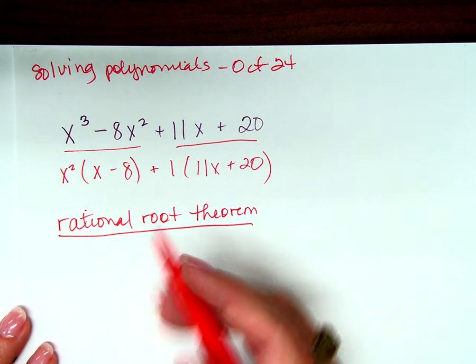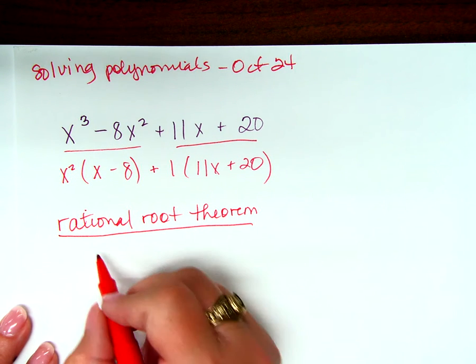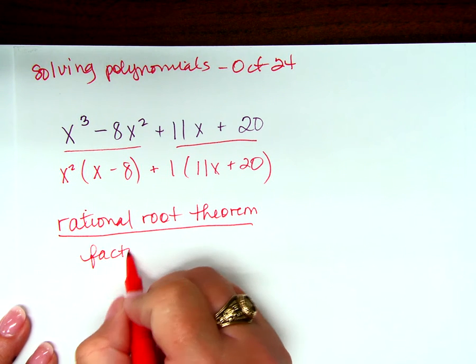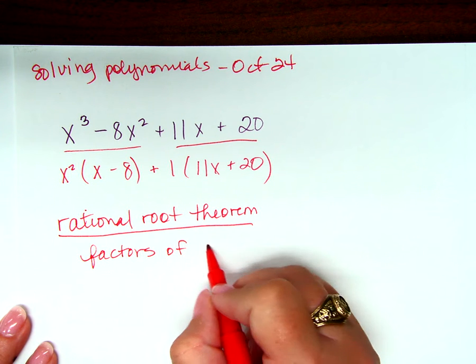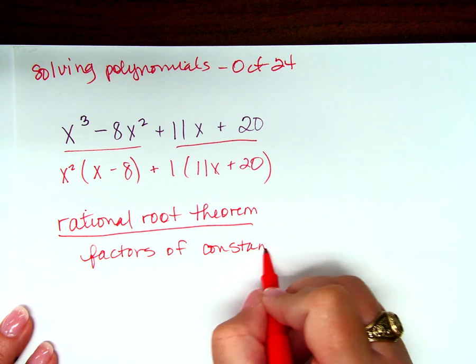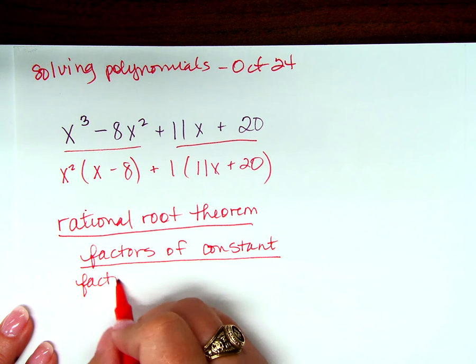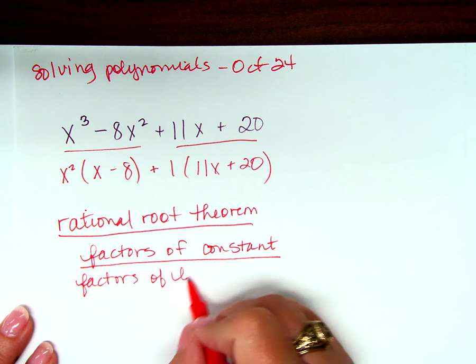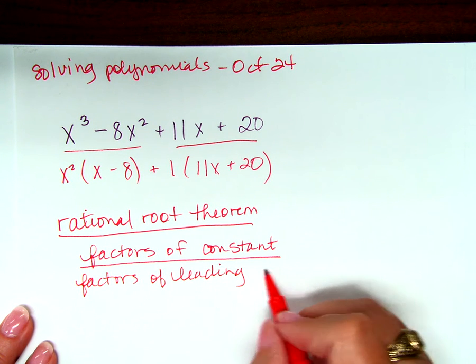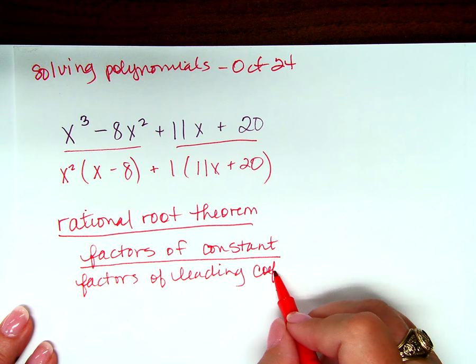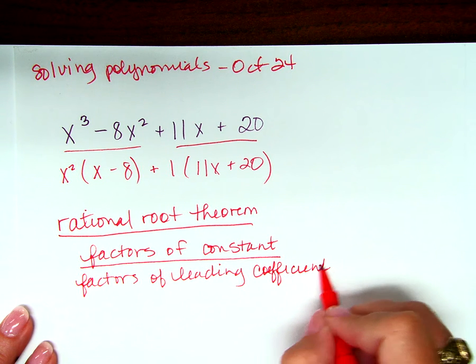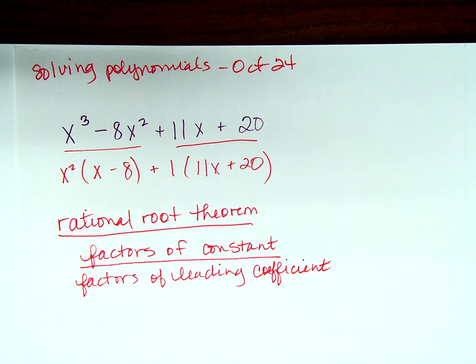The rational root theorem says if we can take all the factors of the constant and divide it by the factors of the leading coefficient, that will give us all of the possible factors to try.